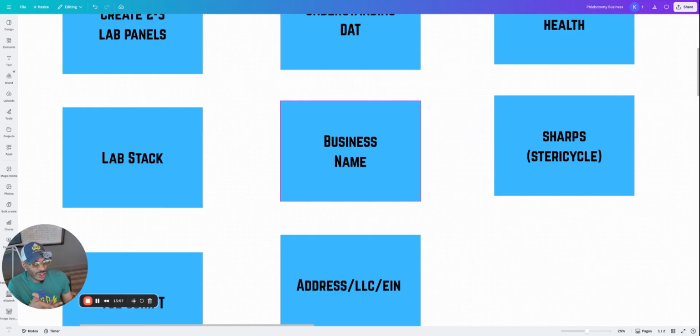Or if you don't have one, you want to come up with one, you can say, hey, my mobile phlebotomy business is related to cancer patients. So I can call my phlebotomy business Oncology on the Go or Cancer Labs LLC, but you get creative with it, okay? I have a video training on that specifically, so you can kind of use AI to help you out with these business names for your phlebotomy business too, okay?